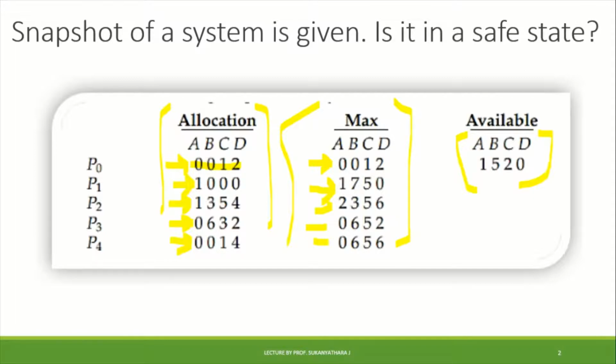When a process asks for resources, the operating system should decide whether to give resources to it or not. When will the operating system give resources? Yes, if the system will be in a safe state after giving resources. Otherwise, the operating system will tell that process to wait.